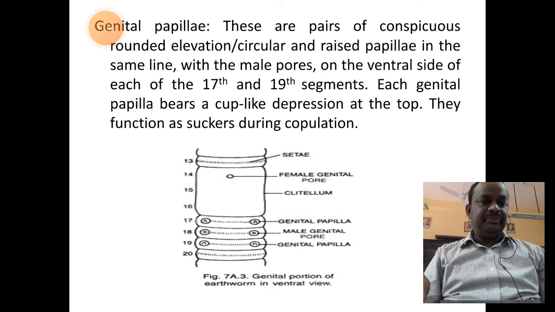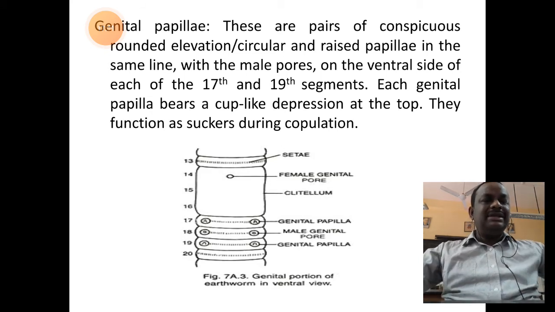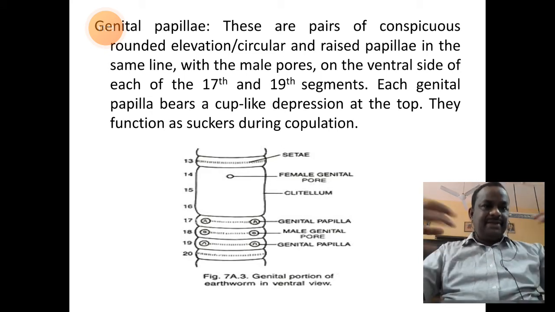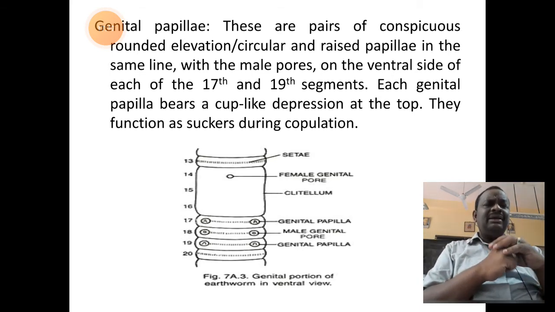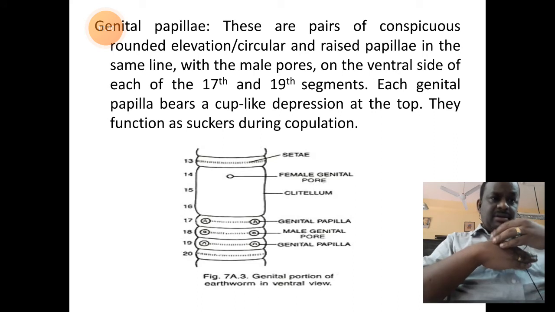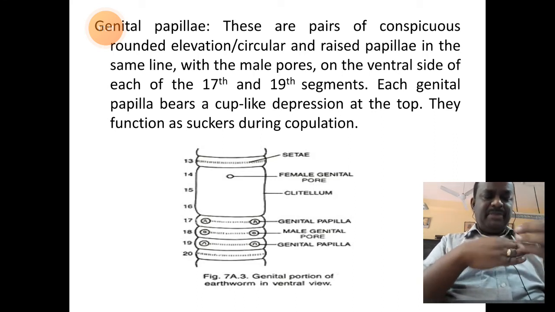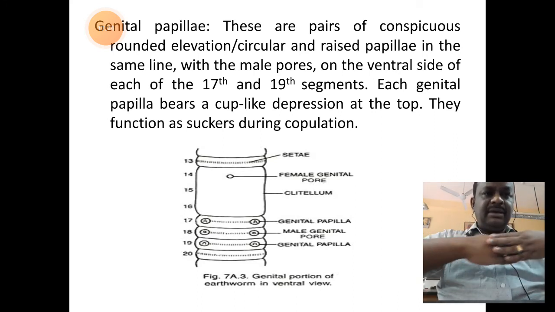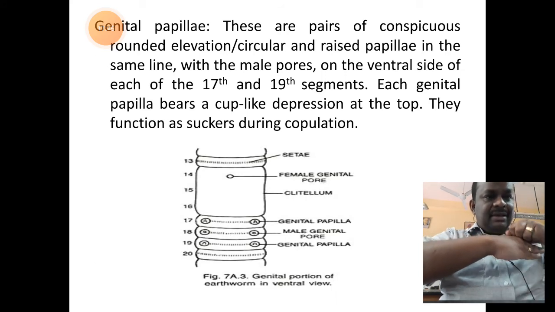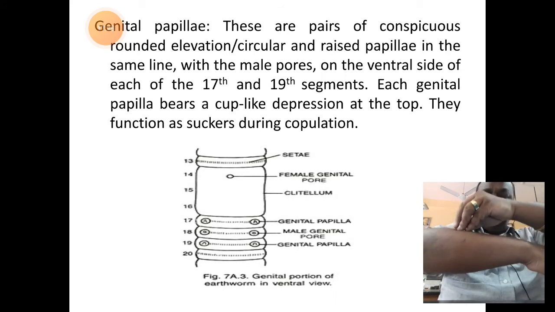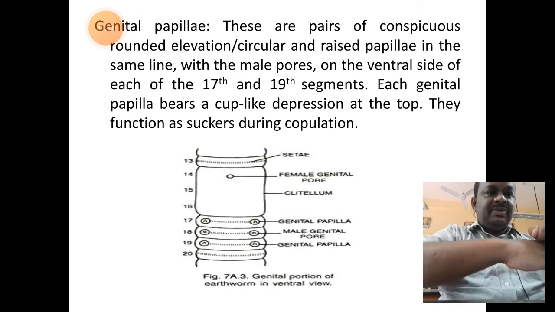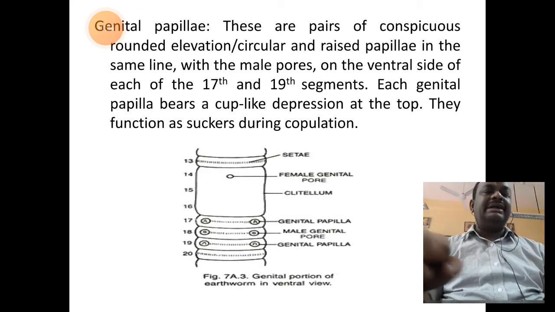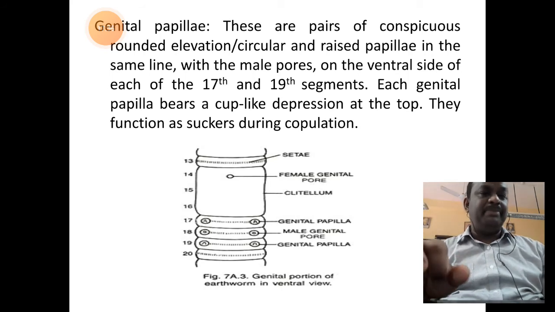Each genital papilla is like an extension, a protrusion of the segment. If this is the segment 17, towards one side there is a bulb-like extension, here also a bulb-like extension. These attaching cup-like structures are referred to as genital papillae.